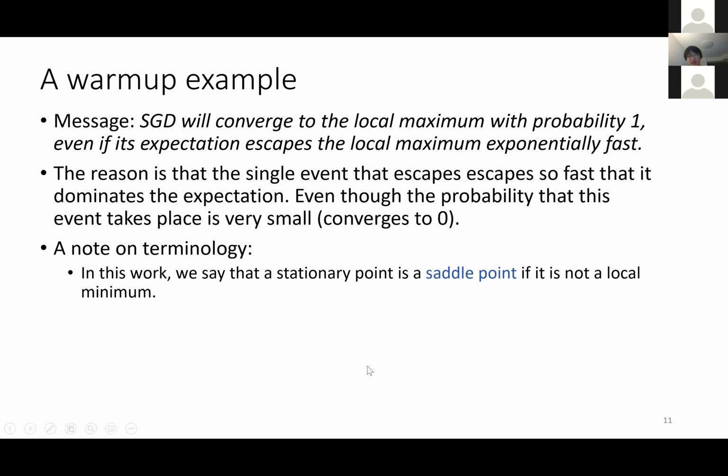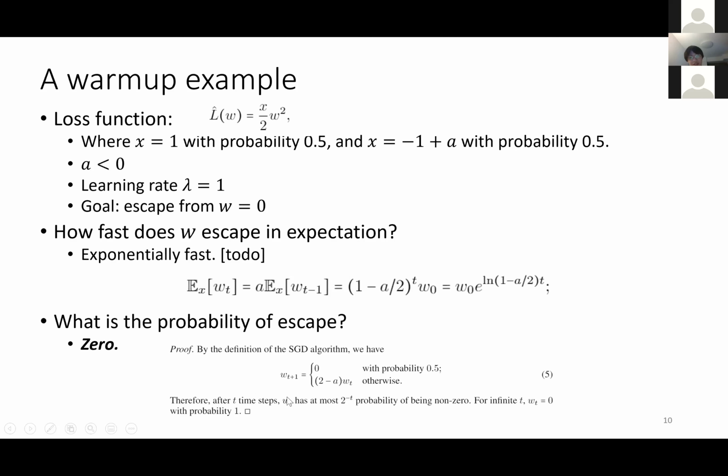After t time steps, W_t has at most 2 to the negative t probability of being non-zero. And for infinite t, W_t equals 0 with probability 1. So even if your loss function is not a local minimum at W equal to 0, it converges to W equal to 0.